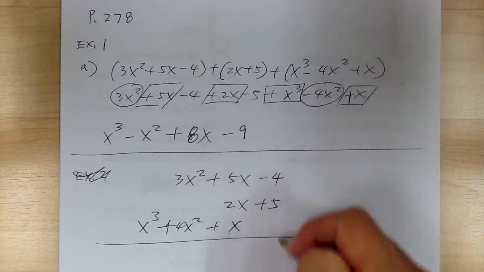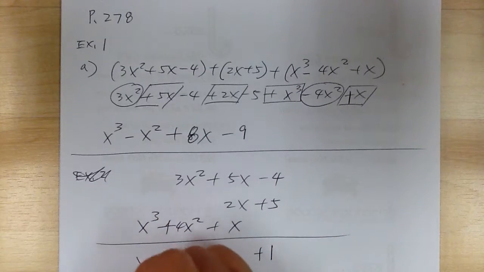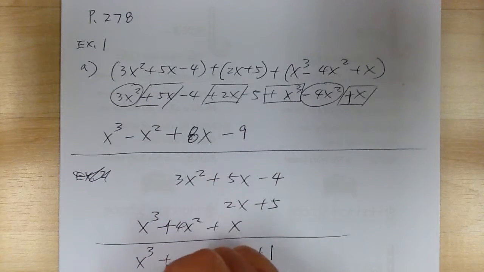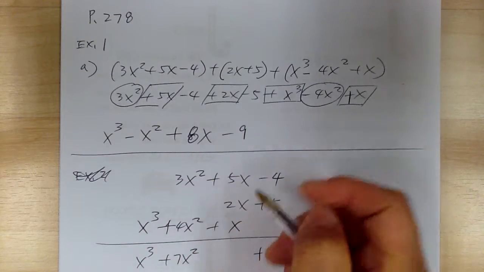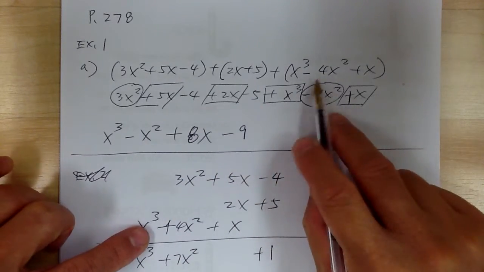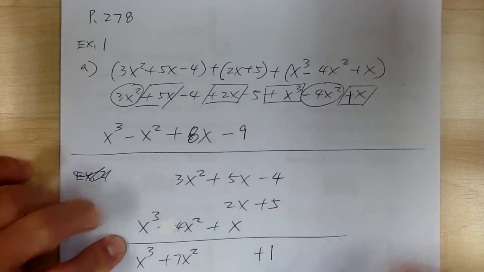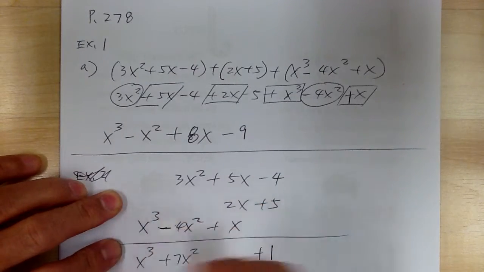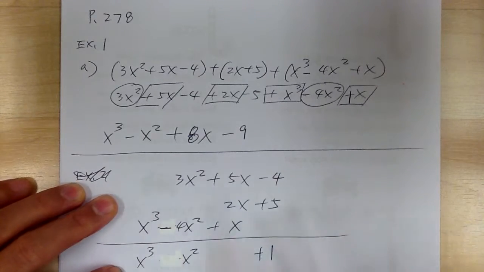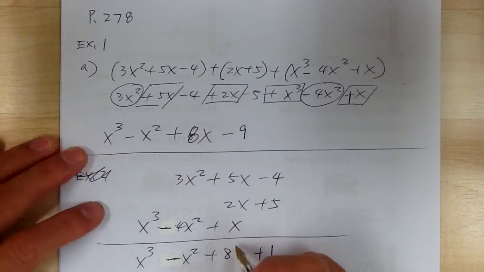So this would be 1. Normally I like to start from the left, but when you do it vertically, you can do any column. So plus 7x squared. Why is it different? Oh, minus, that's why. The answer should be the same, right? And then this one will give you plus 8x.